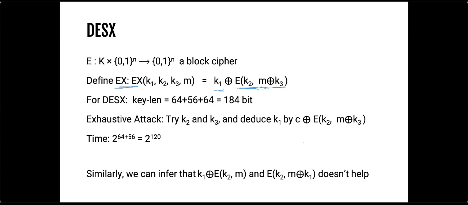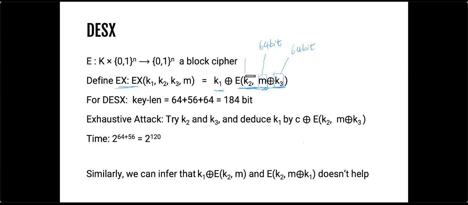And I want to note that if we're going to use DES-X, then the key length will be different, because here we want to make sure that K3 will be able to XOR with M. And if you still remember, the length of M is 64 bits, according to DES, right? So K3 has to be also 64 bits.